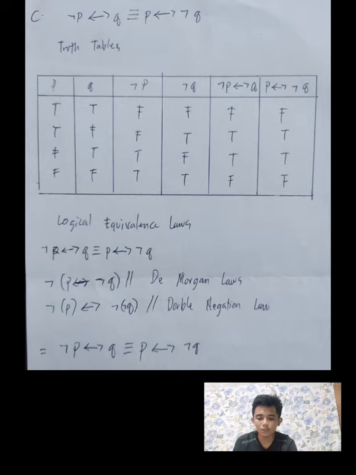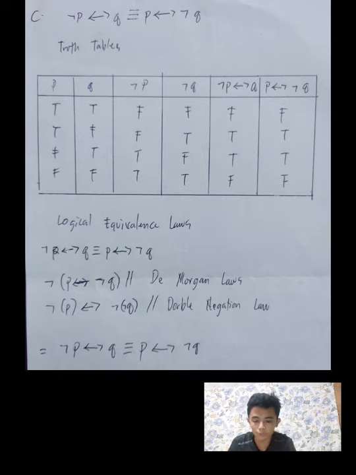In test C, show the problem is a logical equivalence using A, truth tables, and B, providing logical equivalence laws. So my answer in test C is the truth table. Since there are two propositional equivalences, we only need 4 rows. For P: true, true, false, false.